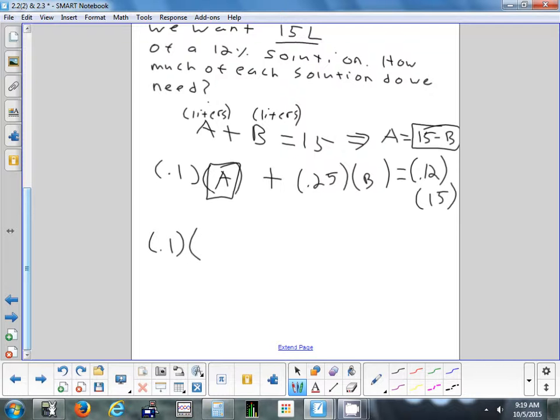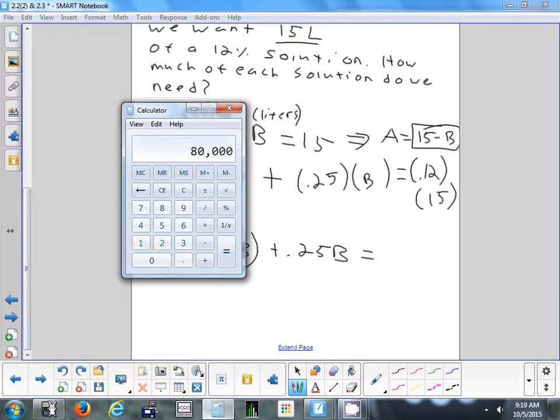Okay, so after this, we'll need our calculator. So 0.1 times A, which is now 15 minus B, plus 0.25B equals, now the other side is just a number. So we should do that out. 0.12 times 15. Okay, 1.8.